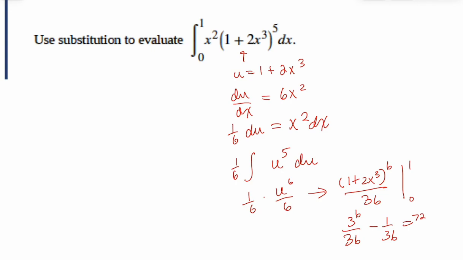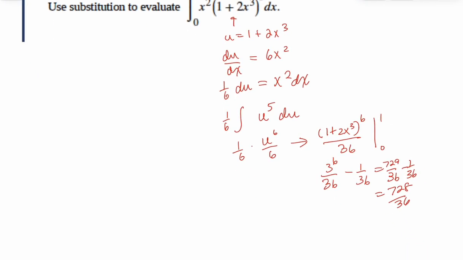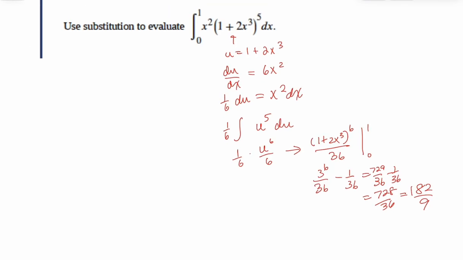So that's 729 over 36 minus 1 over 36, which is 728 over 36. They are both divisible by 4 for an answer of 182 over 9. Okay. Now that is one way to do it.